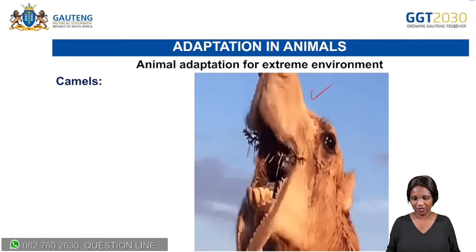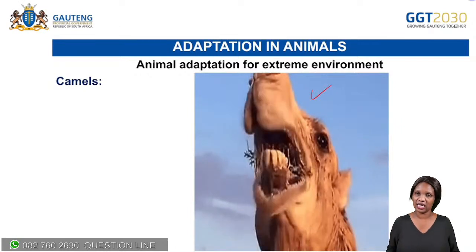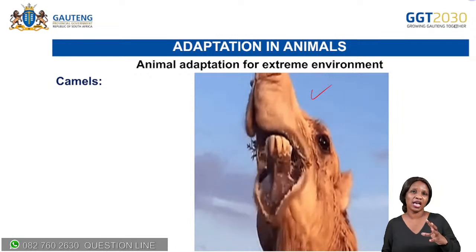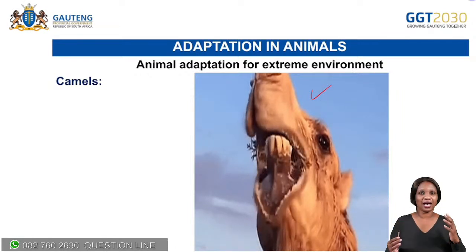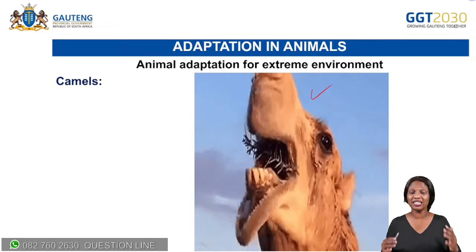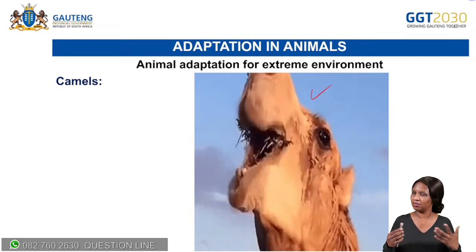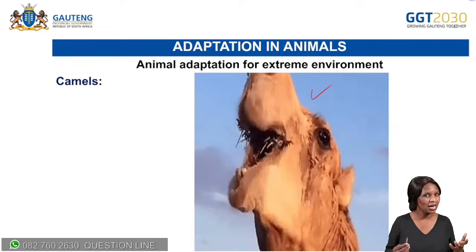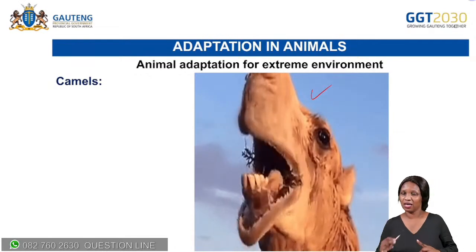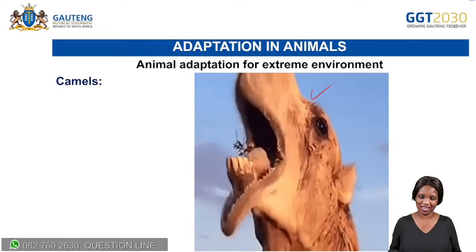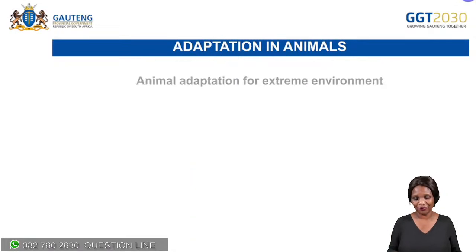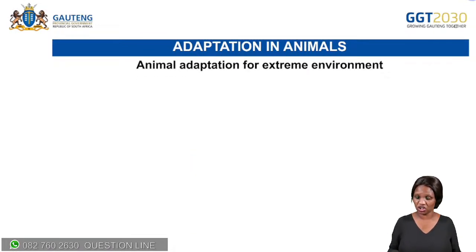All right? That's why it can eat it. And in a desert, we don't have these other plants that need a lot of water. The thorns survive in a desert because they don't need water. Therefore, the camels must eat thorns. Okay? And they can eat thorns. All right. Animal adaptation for extreme environment.